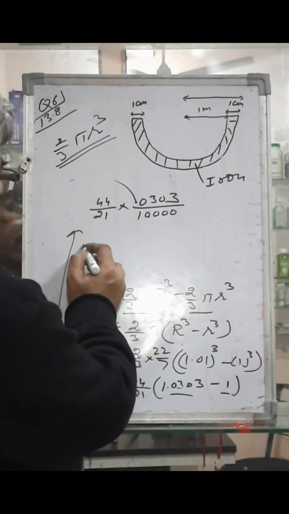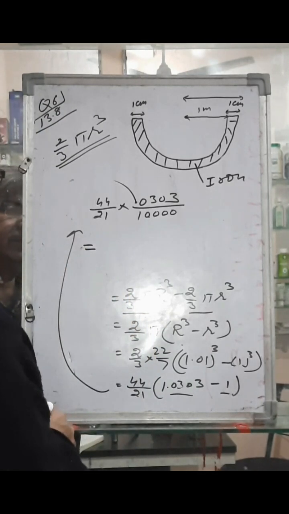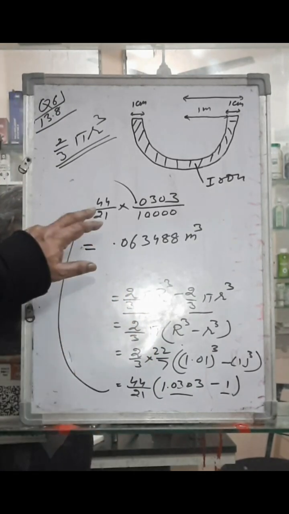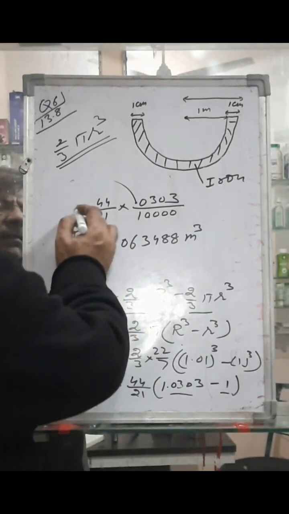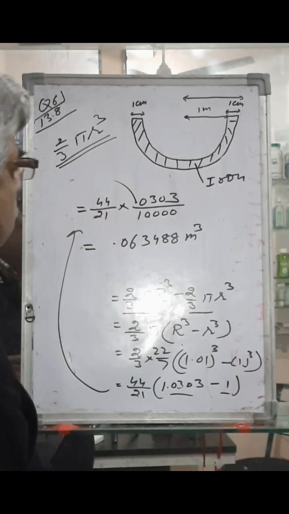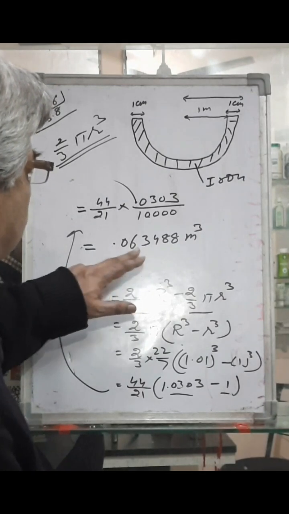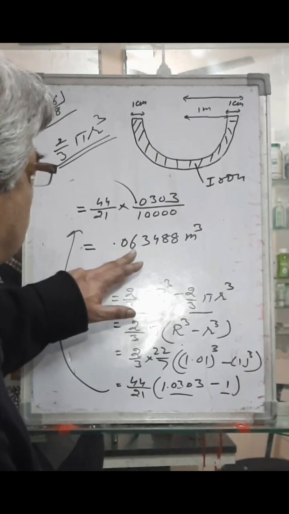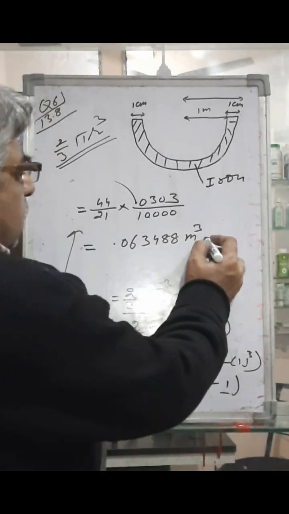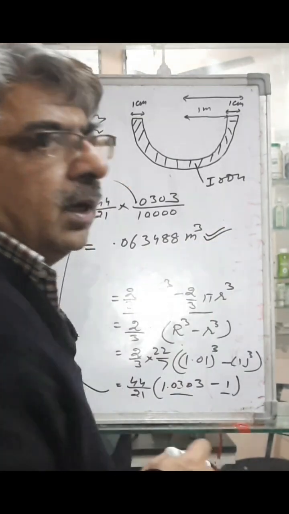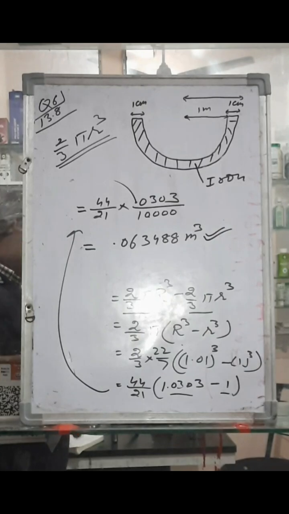And after calculation, after solving this expression, the value is 0.063488 meter cube. This is the volume of the iron sheet of which this hemispherical tank is made up of.